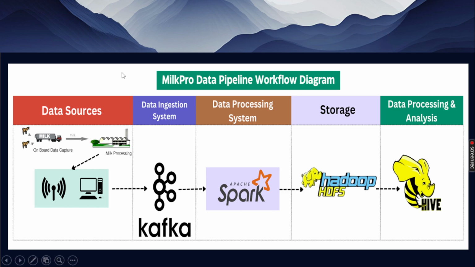This data then undergoes transformation and processing using a PySpark DataFrame, where we apply our business logic for milk categorization and data segregation. This processed data is then stored in HDFS, and we integrate it with Hive to perform an in-depth data analysis.